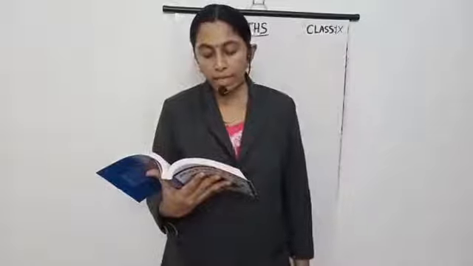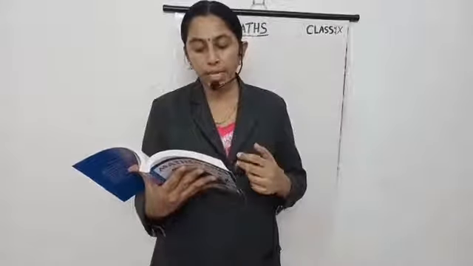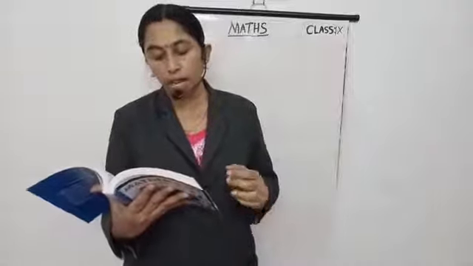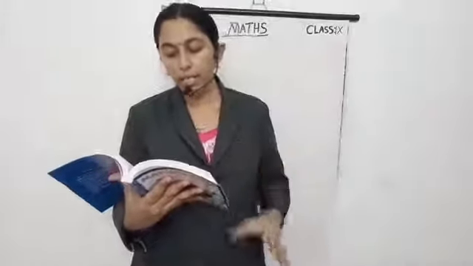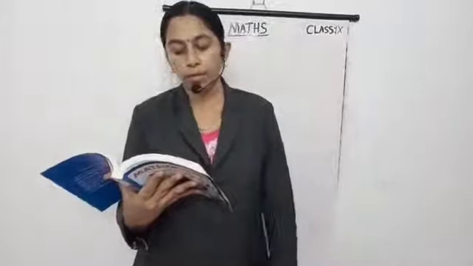Now take page 180, theorem 10.8. The angle subtended by an arc at the center is double the angle subtended by it at any point on the remaining part of the circle. Once more, the angle subtended by an arc at the center is double the angle subtended by it at any point on the remaining part of the circle.